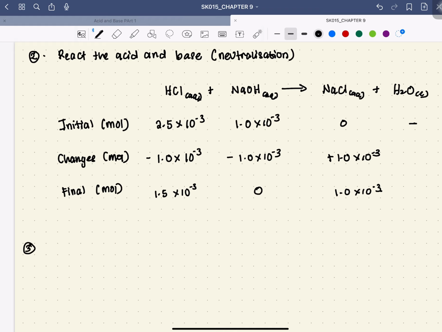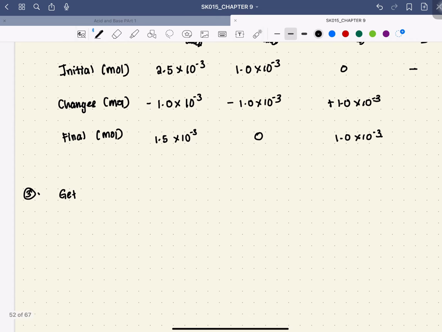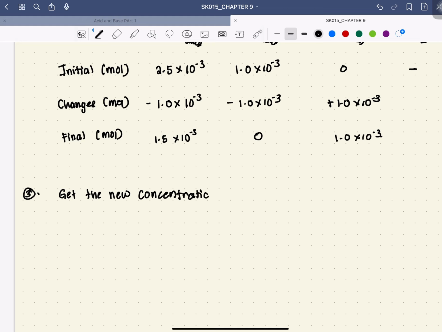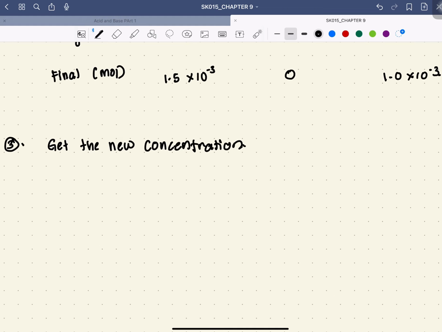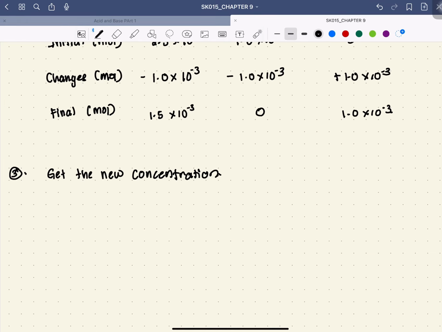Number 3, get the new concentration. After the reaction, we only have 1.5 exponent -3 moles left.